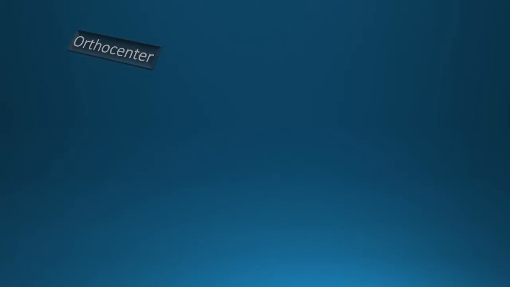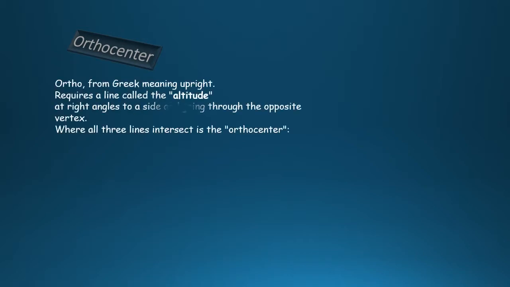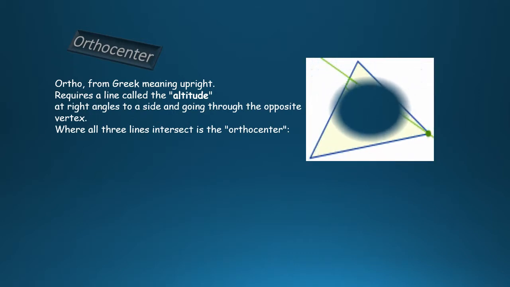Finally is the orthocenter. The most important thing to remember about this is that the word ortho comes from Greek, and it means upright, which of course is going to make it an altitude of a line. We're always going to have one line that's upright to a side. Now, how is this different from the incenter? It's simple.